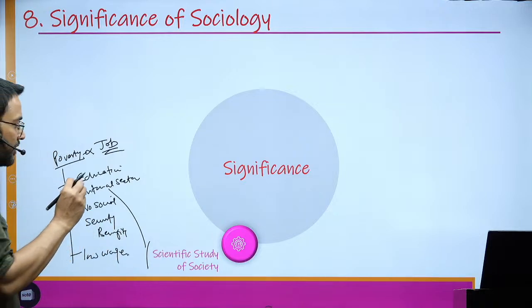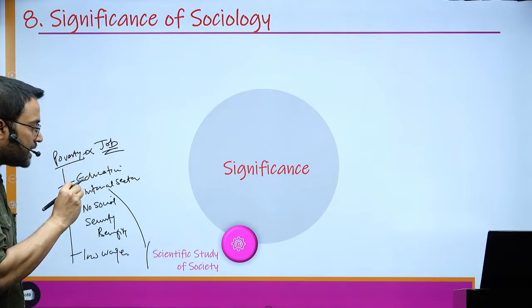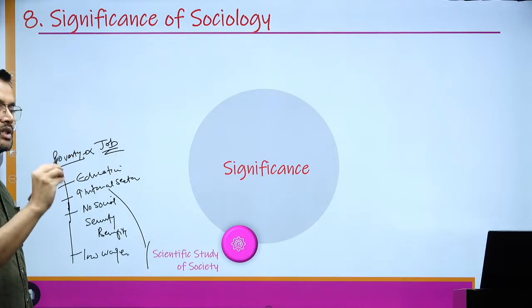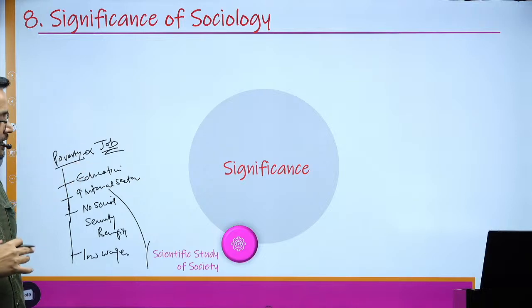So when you develop a complete holistic understanding of society, you'll be able to understand every phenomenon, what the real reason is. And once you know the real reason, you'll be able to resolve that issue as well.